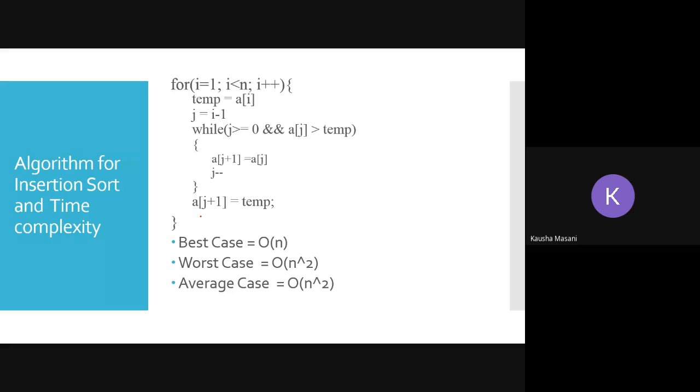And in the average case, it is again order of n square. Now again, you understand and you remember these. For the explanation part, I will tell you in the lab, as I told you for binary search. Right now you remember the algorithm and its insertion. Okay.